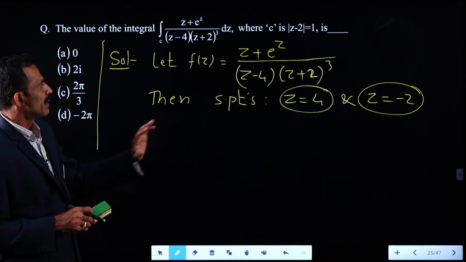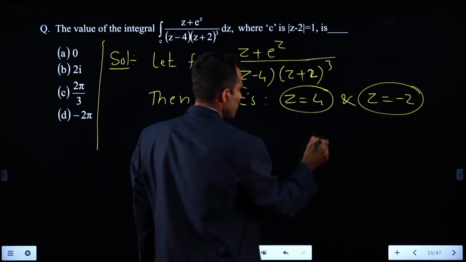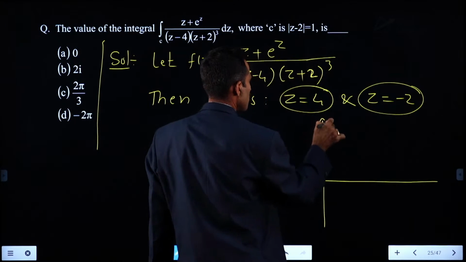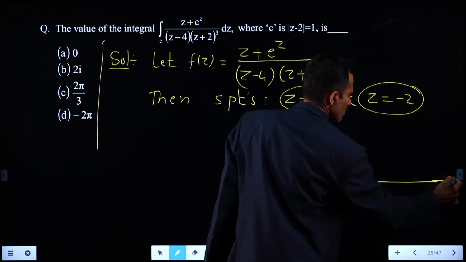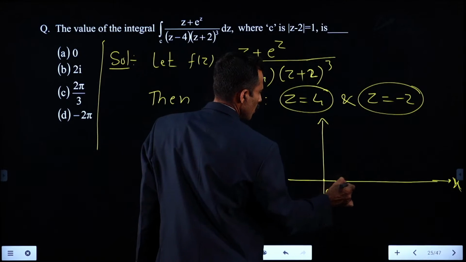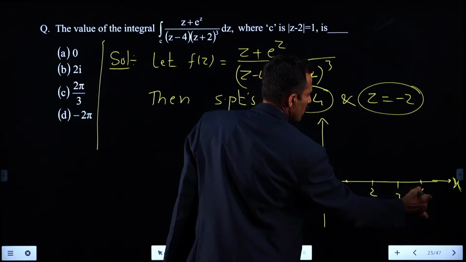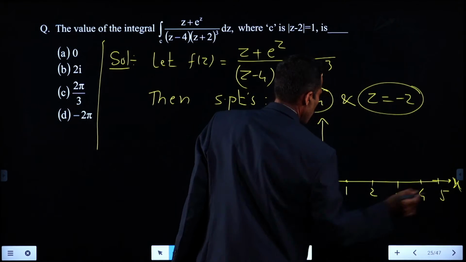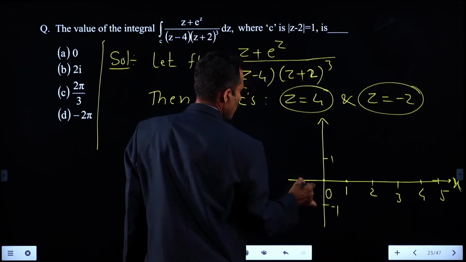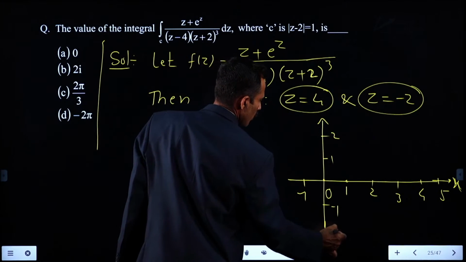Let us draw the diagram. The center is 2, radius is 1 only. Zero, 1, 2, 3, 4, 5, and so on. 1, minus 1, 2, minus 2.